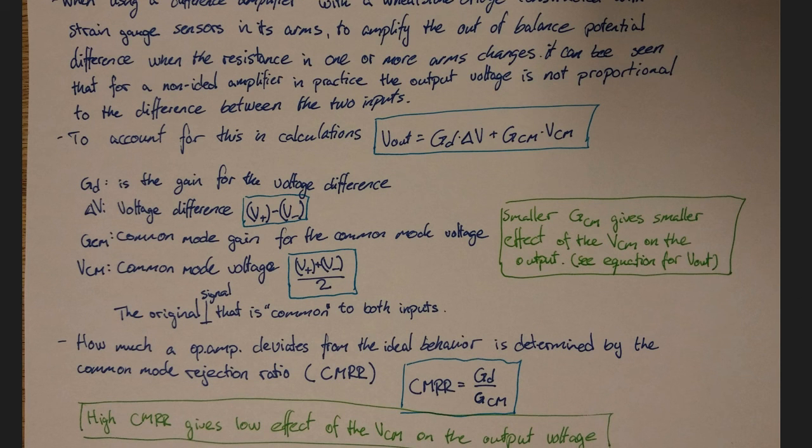And to explain, the voltage difference is the potential at the non-inverting input minus the potential at the inverting input. And the common mode voltage is the average of the potential on the inputs of the operational amplifier.